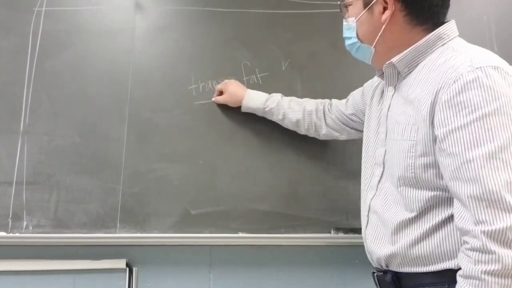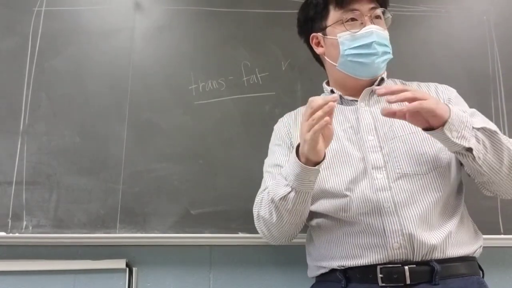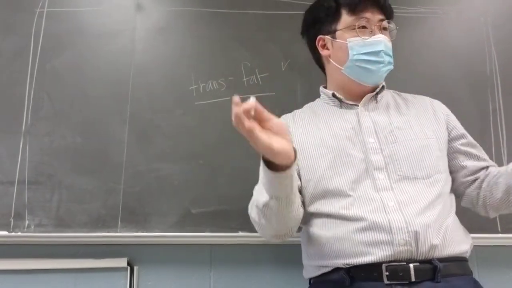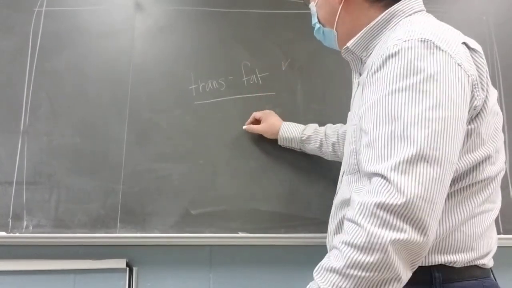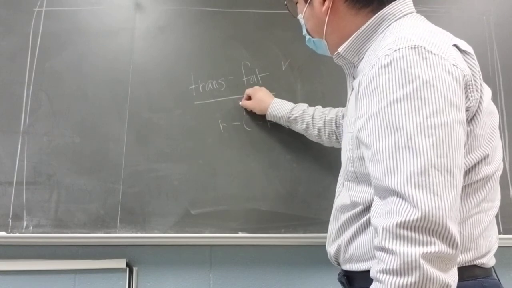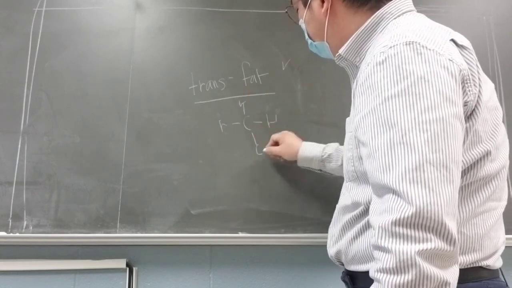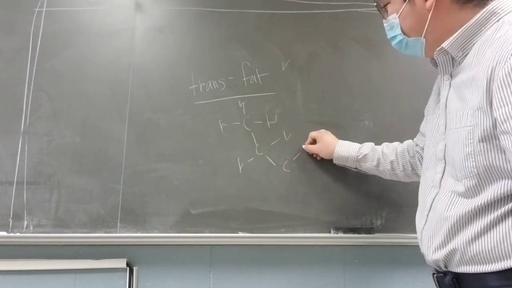So the trans fat is simply, if you think about the fat, like you know the fat, right? Fat in your food. The main part of the fat is just carbon, hydrogen, hydrogen, hydrogen, carbon, hydrogen. What we just discussed, propane, butane, but it's just a longer version.